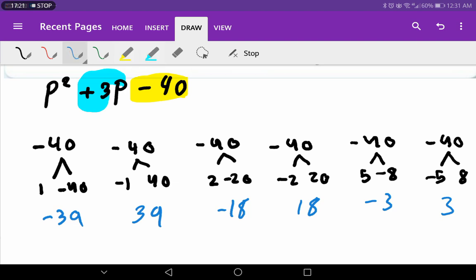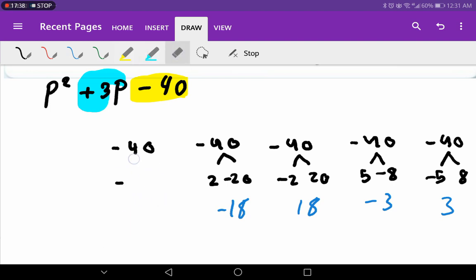You see, here the sum is negative 3. Is it matching? No. So erase everything here. I don't need it. Here, it is not positive 3.